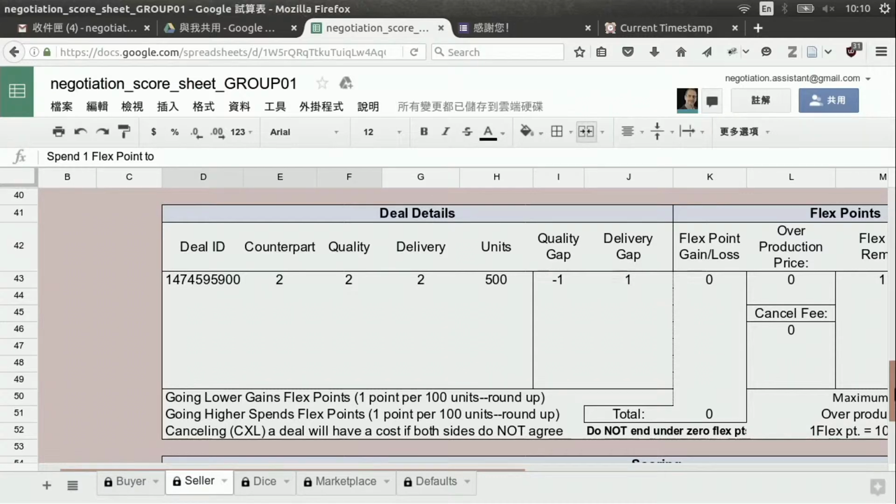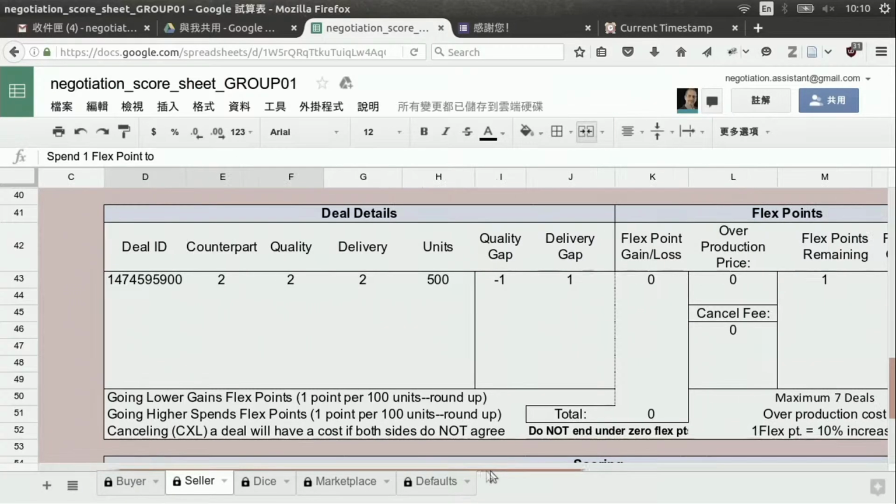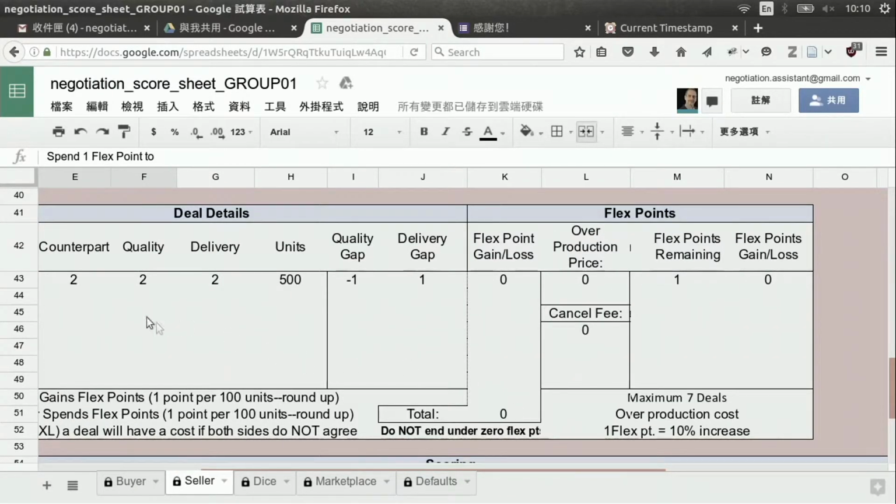This will be calculated automatically down in this area here when you input your deal sheet. So for example, we can see here in this area overproduction price. So if you overproduce, it'll automatically calculate here and remove a flex point for every 10% you go over.